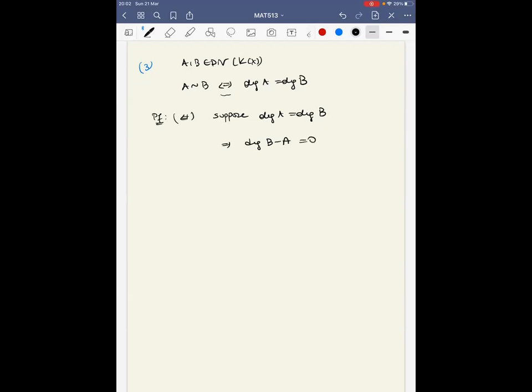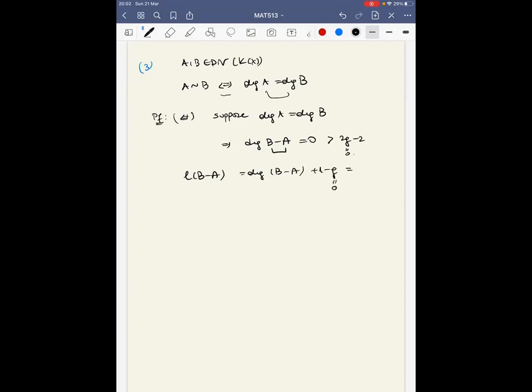In this case, if we work with the divisor B minus A, since it has degree 0, by the assumption, this is bigger than or equal to 2g minus 2. It has dimension degree of B minus A plus 1 minus g.